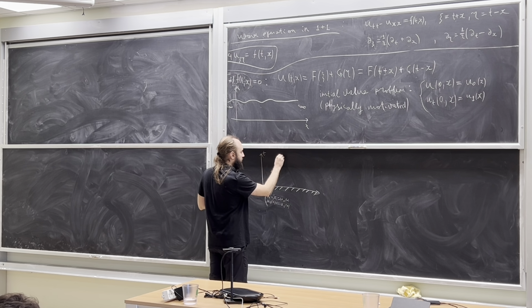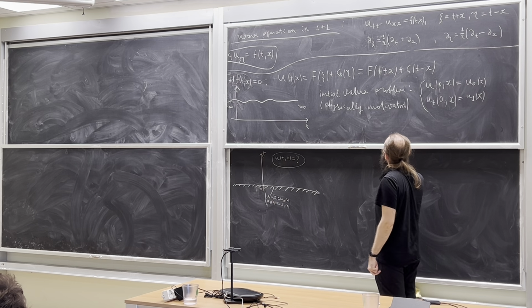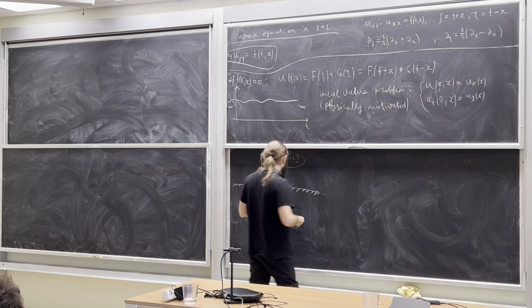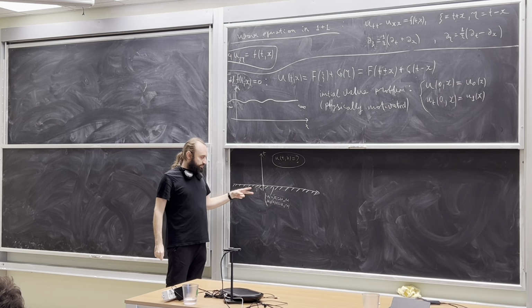We know that if some function satisfies the wave equation, it can be written as a combination of functions of t plus x and t minus x. And we simply need to adjust this formula to these boundary conditions. So we can write that u0 of x equals to what? Oh, sorry.